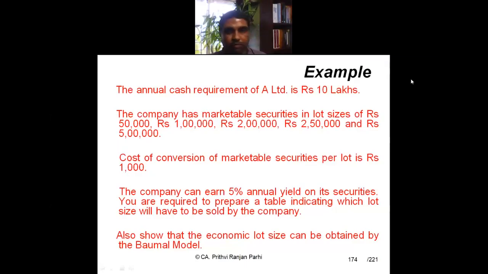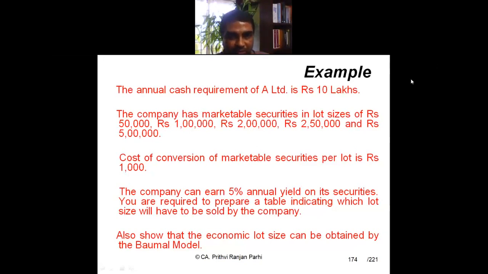The company can earn 5% annual yield on its security. You are required to prepare a table indicating which lot size will have to be sold by the company, so that the economic lot size can be obtained by the Baumol's model.